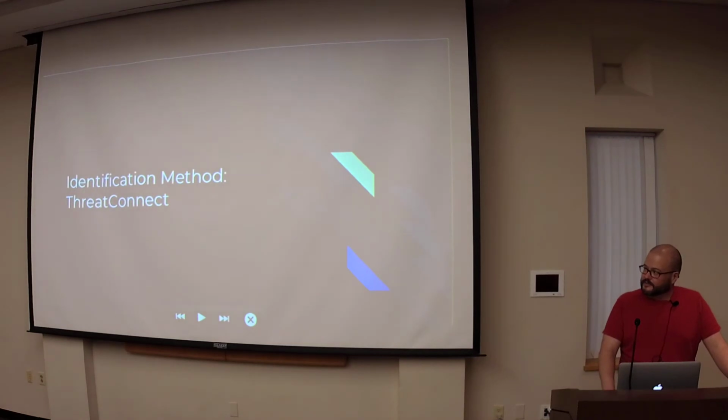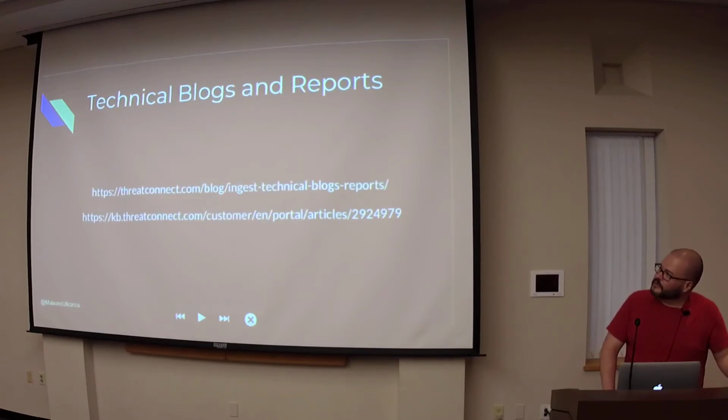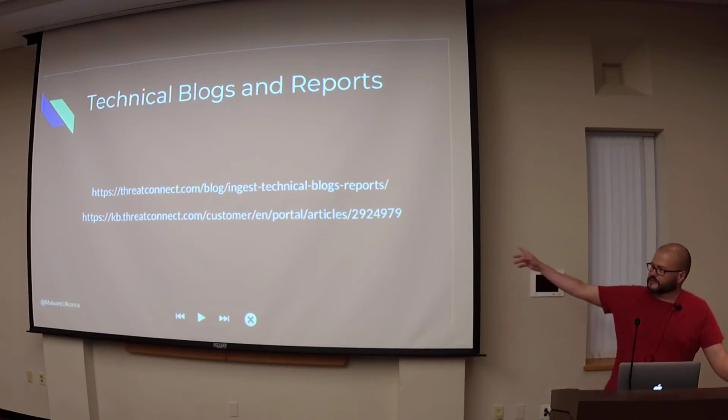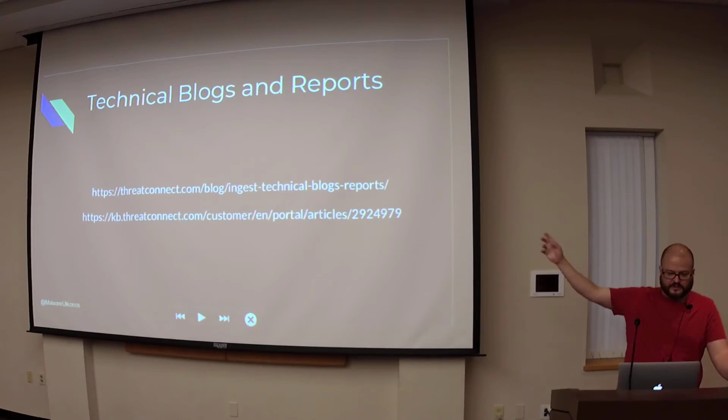And then another identification method, from my former employer, ThreatConnect. There's a free account at ThreatConnect, and I still recommend that you use the free data. A lot of the stuff in there was built by my team, and they're still maintaining it. One of the things I wanted to point out: we pulled in blog posts, and there's a knowledge base article on how to use this.